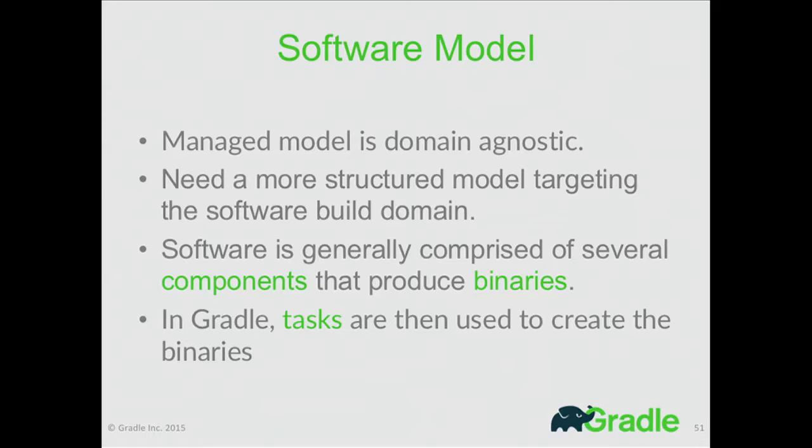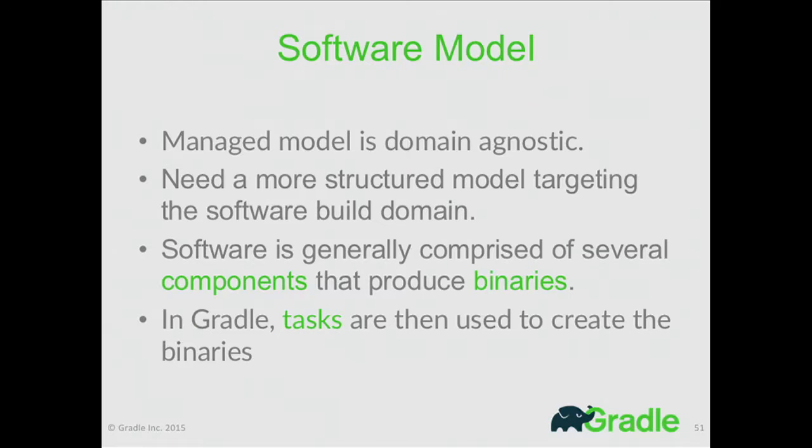So really what we need is a more specific way of describing how to build software. The idea of a model of managed types that are somehow related is really generic. So more specific than that, we want to provide an API that allows folks to describe very specifically how do I build software and what are those bits and pieces and how do they relate.